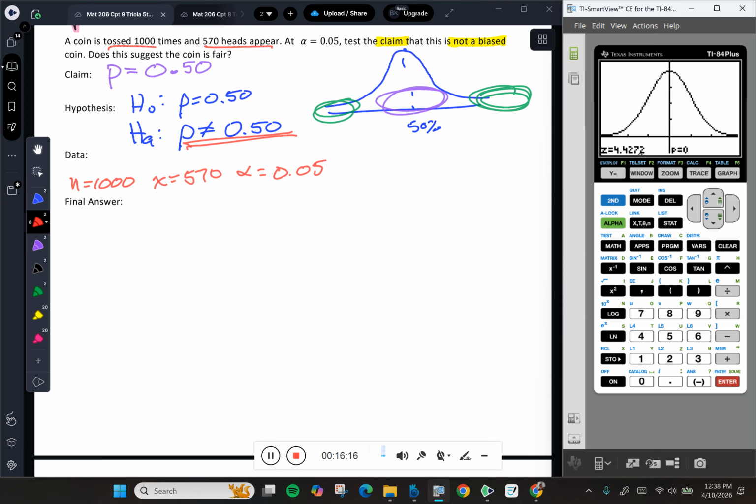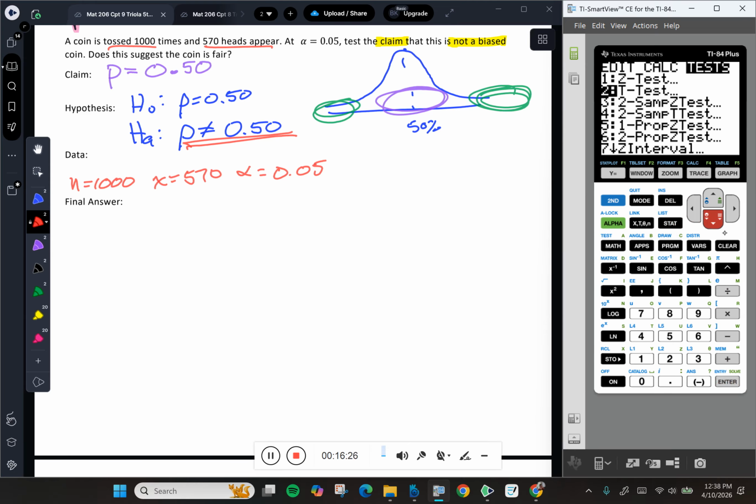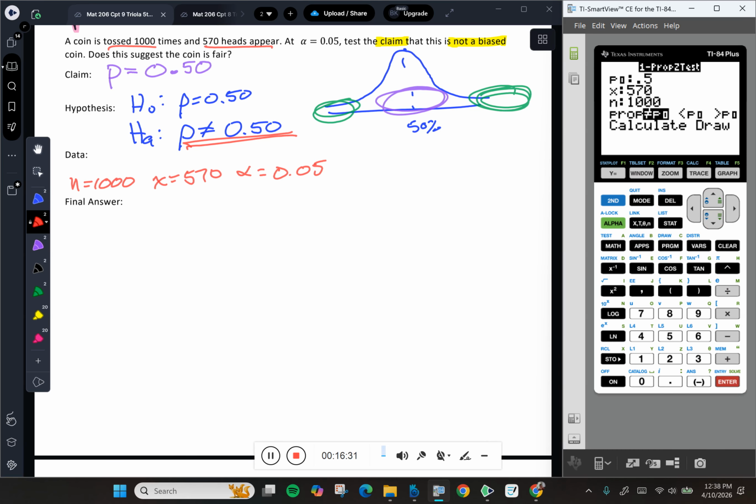And the fact that our z-score is 4.42 means it's way over to the right of the screen. It's calling the p-value p0. But if I go back and run this test again, don't do that silly graph, and just tell it to calculate the value for me, you'll see that p is technically not 0.